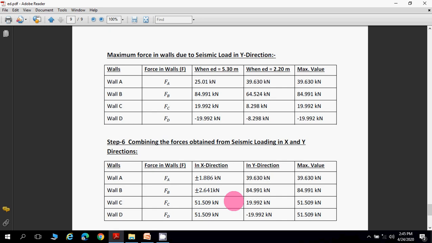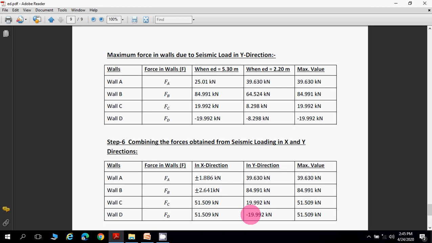For wall C it is 51.509 kilonewton, and for wall D 51.509 kilonewton. When the seismic load is considered in the y direction, the maximum total lateral forces in the walls are 39.630 kilonewton, 84.991 kilonewton, 19.992 kilonewton and minus 19.992 kilonewton.